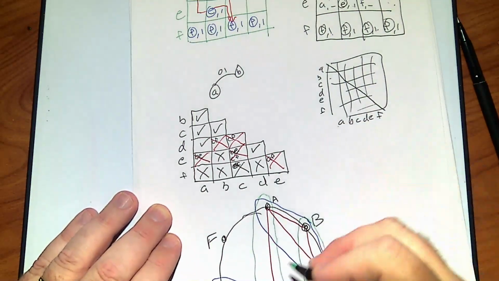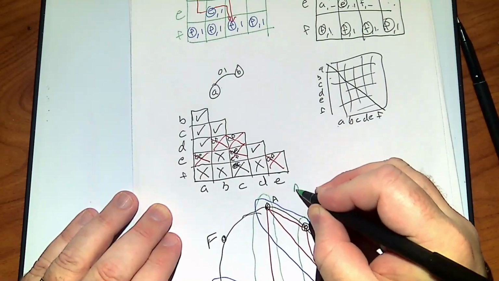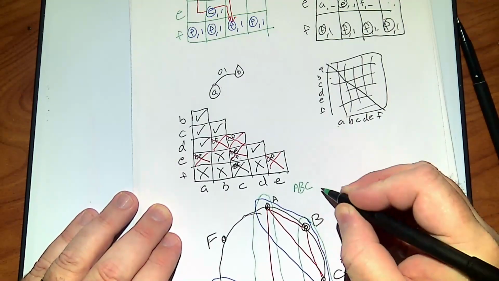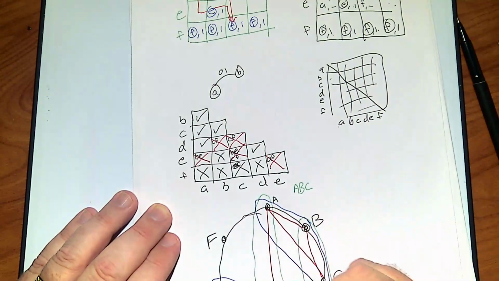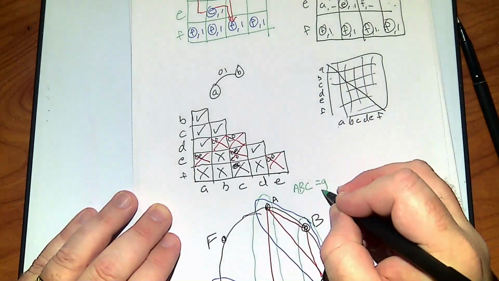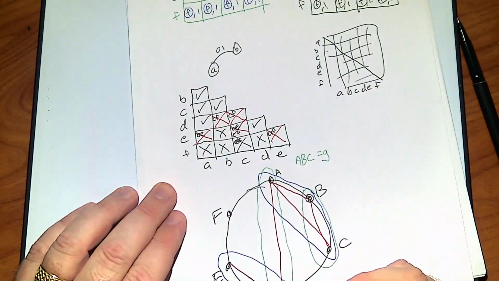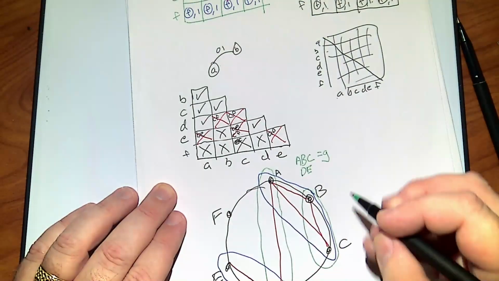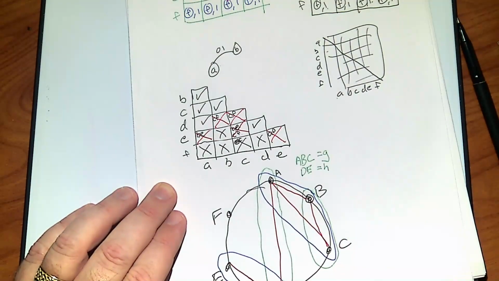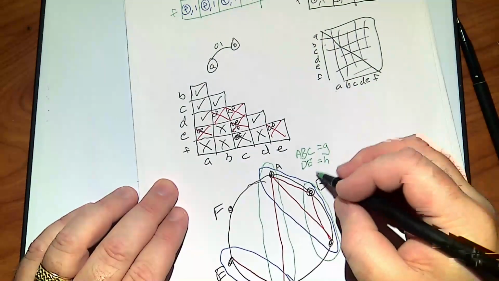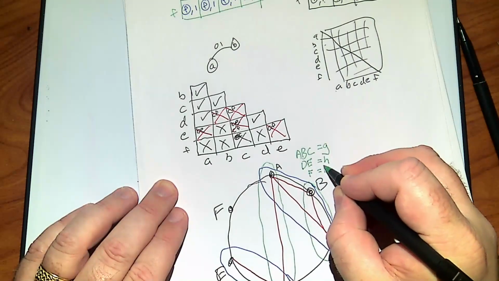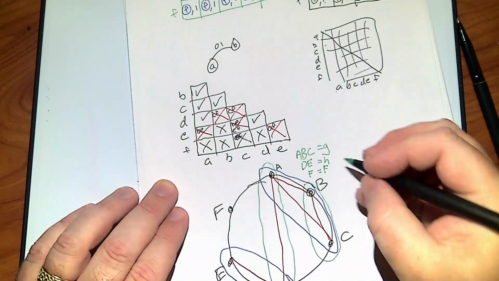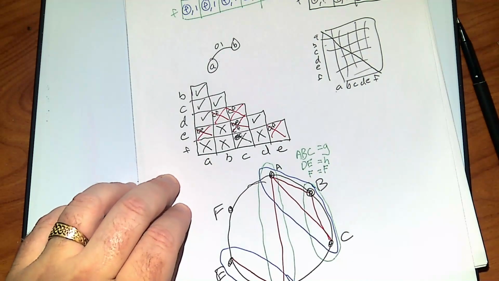In this case, I'm going to make A, B, C a new state. I have E, F, which I'm going to call G. And D and E, I'm going to merge together. That'll be my new state H. And then F is F. Fair? We good?